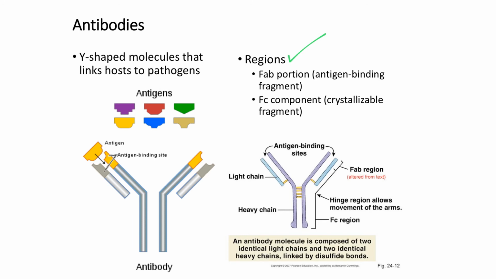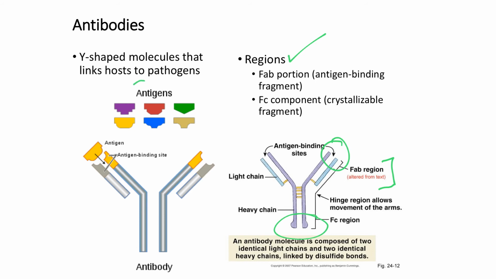There are two regions that we should pay attention to. The first are the antigen binding sites, referred to as the Fab portion or the antigen binding fragment. And then at the feet of the antibody is the Fc portion, the crystallizable fragment. At the antigen binding sites, remember, those are just like T cell receptors going to bind to epitope portions of a displayed antigen.